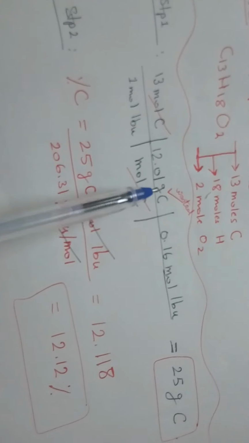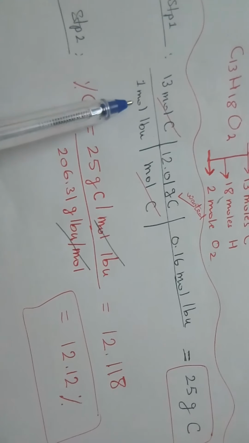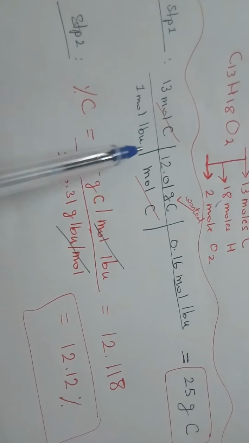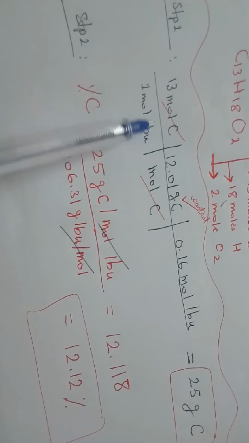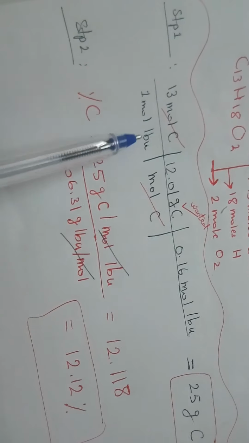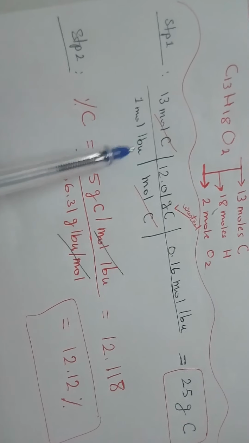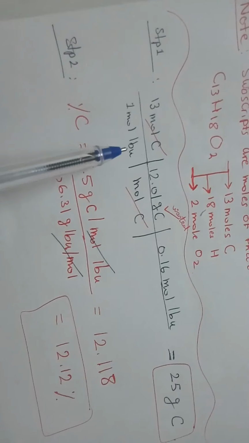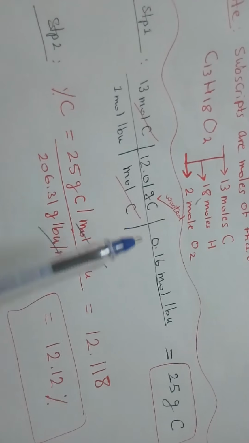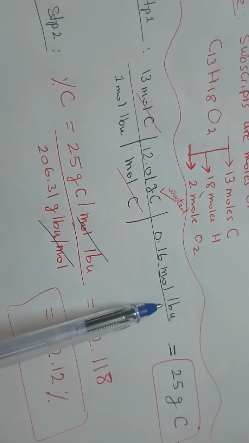Great, now I have grams of carbon, but I'm still stuck with 1 mole of ibuprofen. Mole of ibuprofen is the unit that I need to cancel. It can only be canceled if I know the amount of moles of ibuprofen, and we do know that. We can find that it's equal to 0.16 moles. How did I find that?